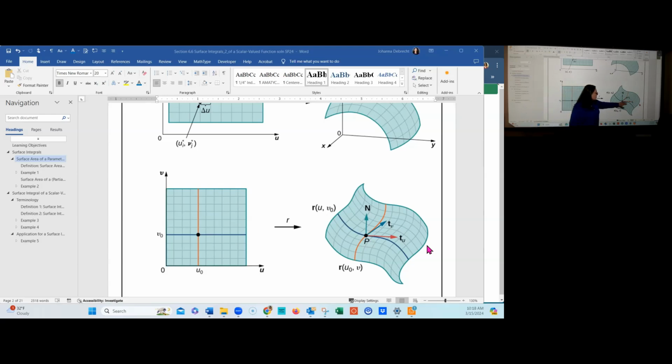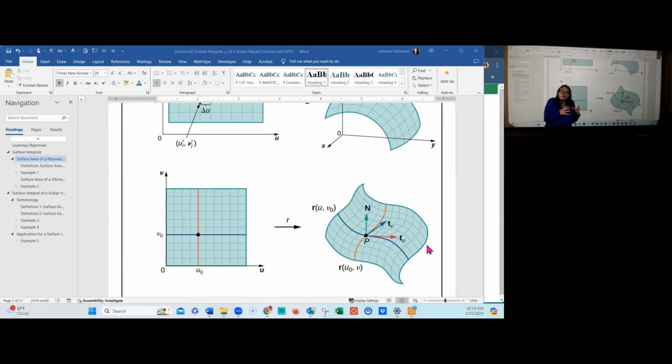So I can call the partial derivative of r with respect to u t sub u, which represents the vector in the tangent plane. And I can call the partial derivative of r with respect to v t sub v, because it is that vector in the tangent plane. So both of these are lying within the tangent plane.